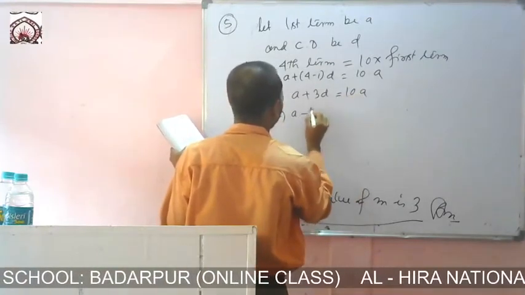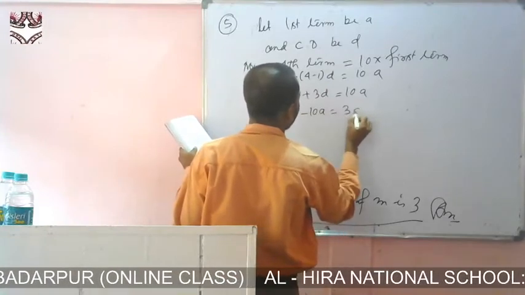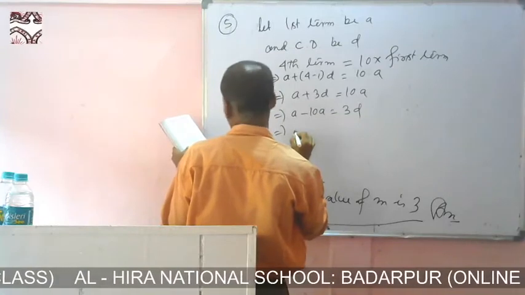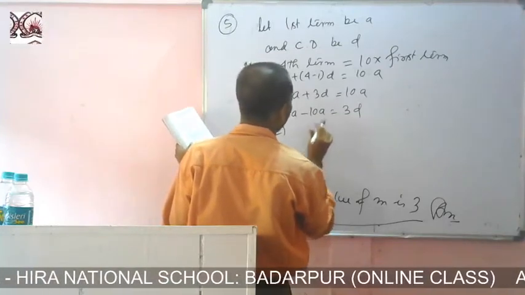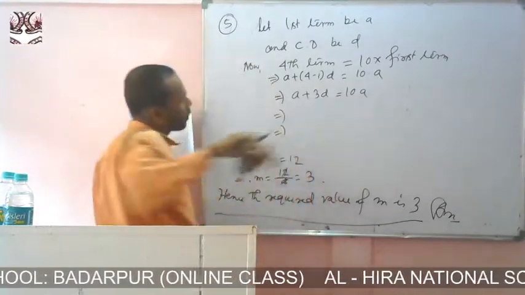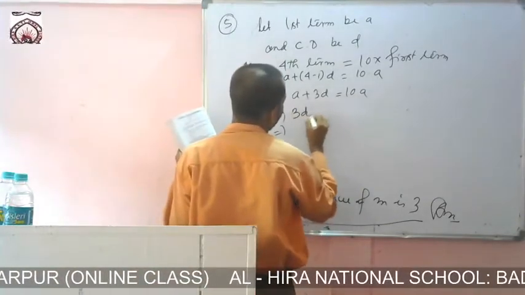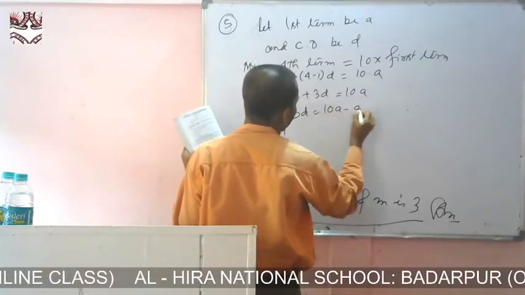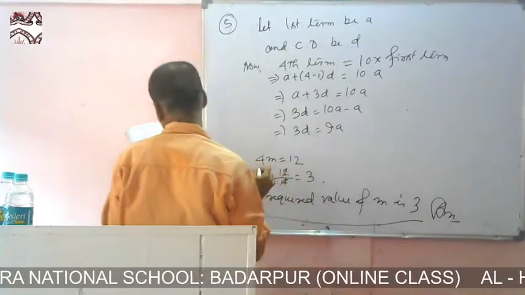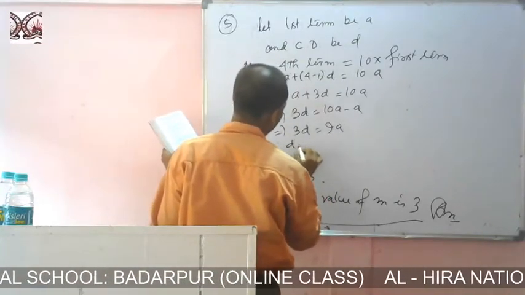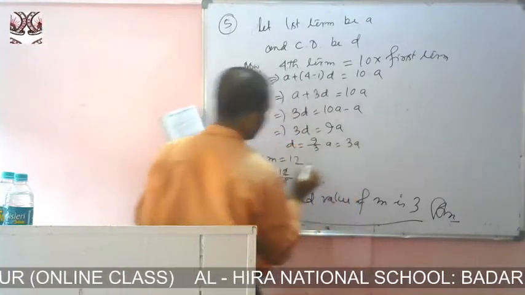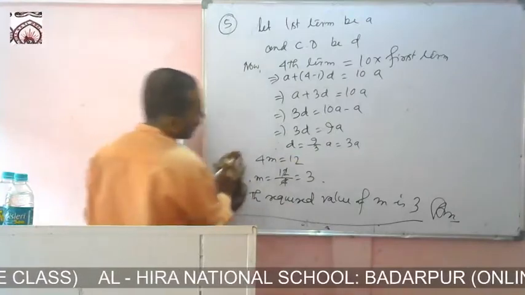Taking A to one side, 3D will be 10A minus A, so thrice D will be 9A. So D will be 9 by 3 into A, which is thrice A. So we are getting D is equal to thrice A.